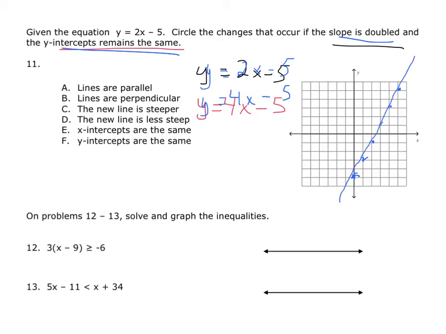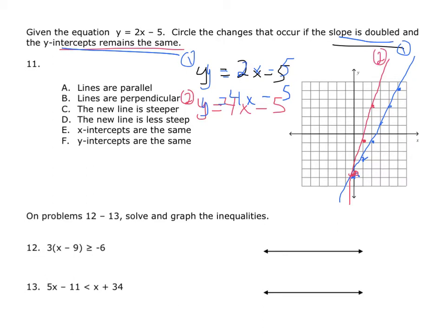That's line 1. And for line 2, I'm going to do that in red so I can see the difference. It also has negative 5 as its y-intercept. And that one's going to go up 4 and over 1, and we would continue that pattern. And we can see that there's the new line. That's line 2.